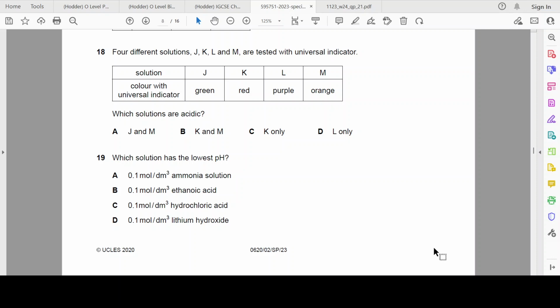Hydrochloric acid has more protons available, and pH is a measure of how many protons are available. Ethanoic acid has fewer protons available, so that's a weak acid. So the lowest pH means the strongest acid. Between B and C, because you don't eliminate A and D immediately, C is the answer.